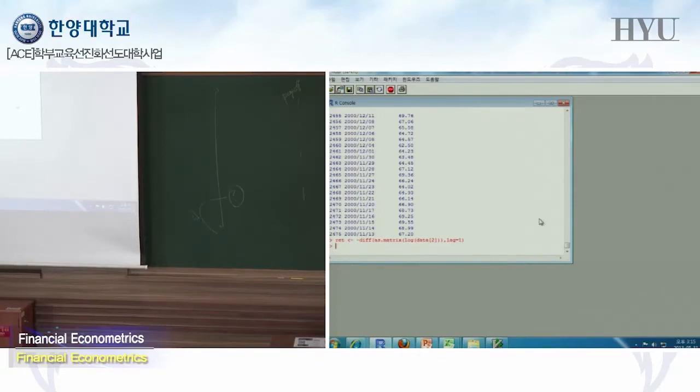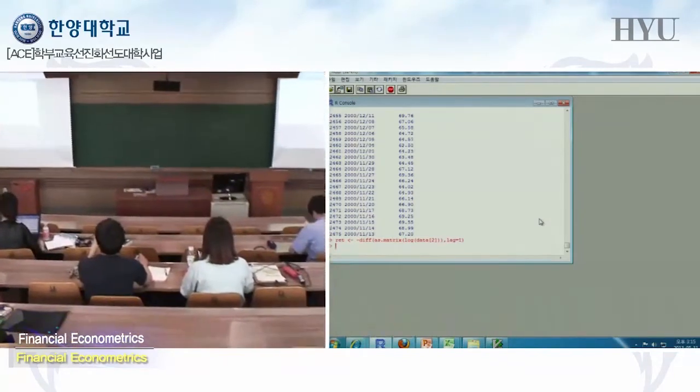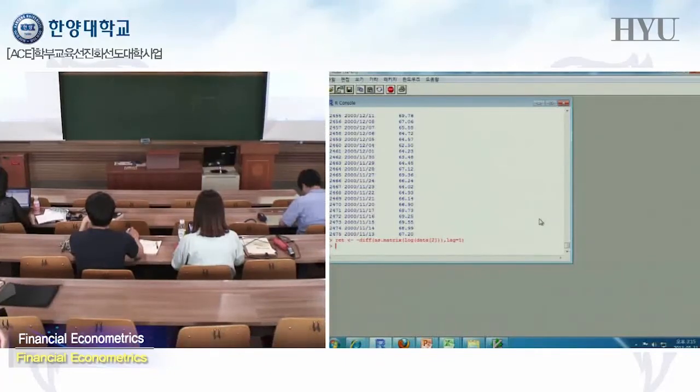I use log of the second column of the data. So this is my data, and I take log, and if I take diff, then it calculates the difference between t minus 1 and t. But what I need is log S_t minus log S_{t-1}, right? This is what I need.